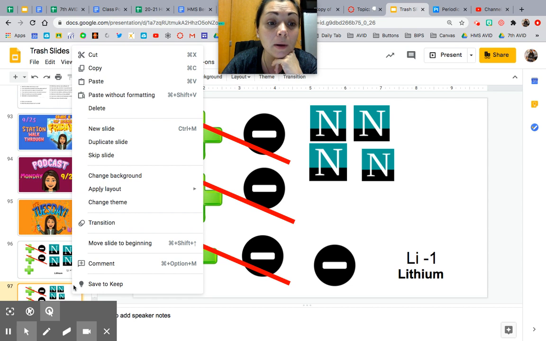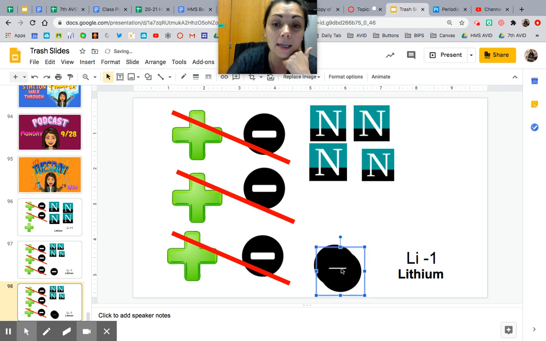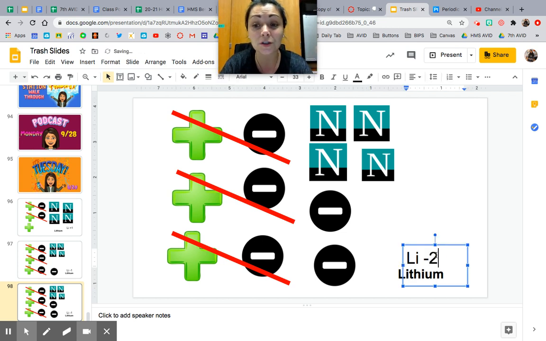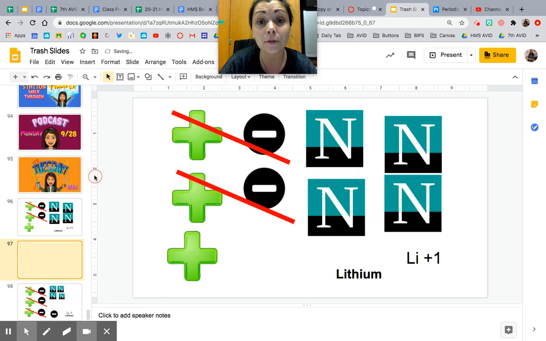Now, it is possible to have more than 1 gained electron. It is totally possible that I could have 2 extra electrons. If I have 2 extra electrons, what's my charge going to be, y'all? That's right, -2. Similarly, it is also possible to have lost more than 1 electron.